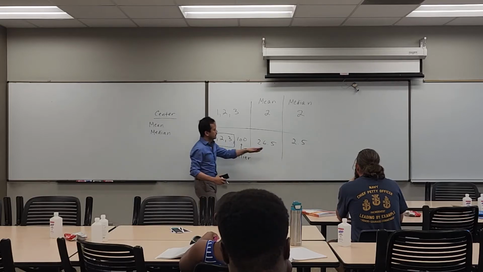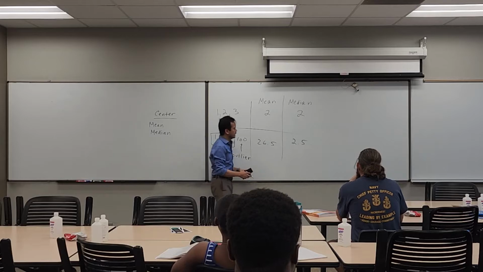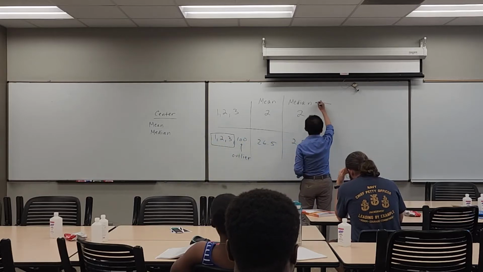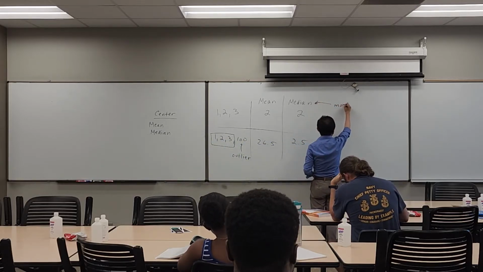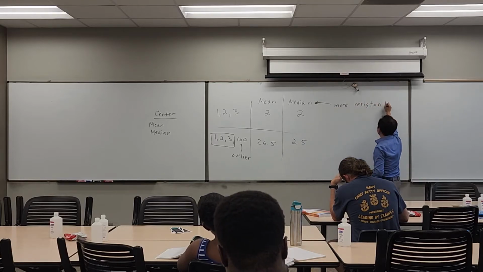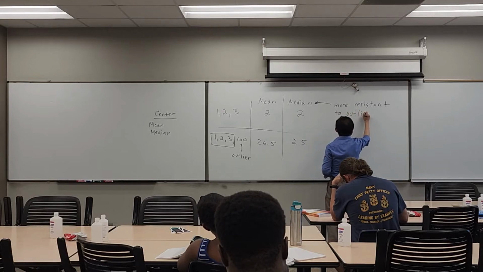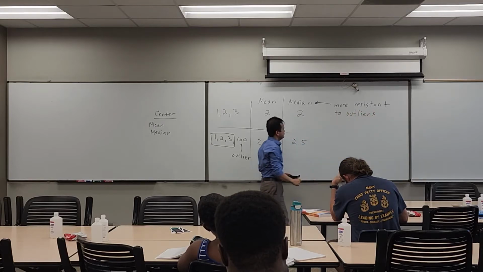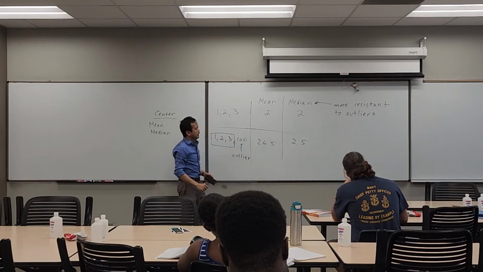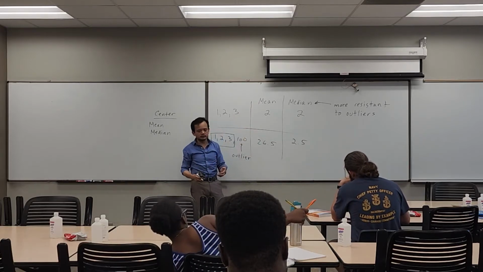Yeah, the median is more resistant because it's not changing very much as a result of this outlier. So we say that the median is more resistant to outliers. And conversely, the mean would be more susceptible to outliers.